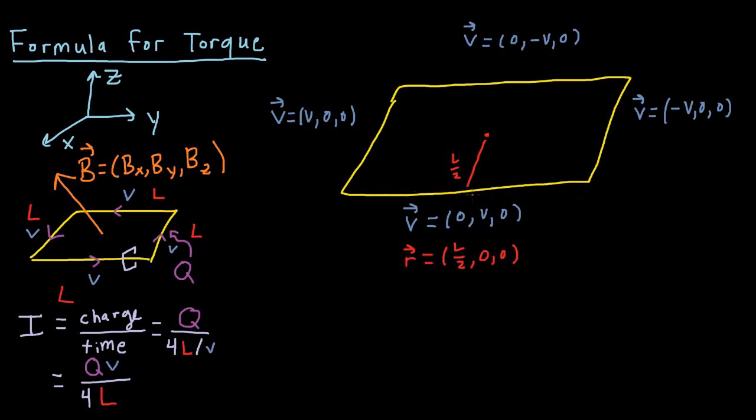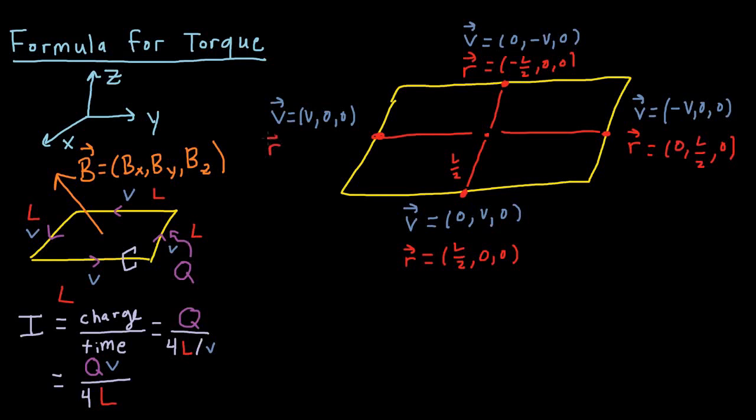So, in other words, that's this position right here. Now, for this segment of the wire, we have that R equals 0, L over 2, 0. For this segment of the wire, we have that R equals negative L over 2, 0, 0. And then for this segment of the wire, we have that R equals 0, negative L over 2, 0.